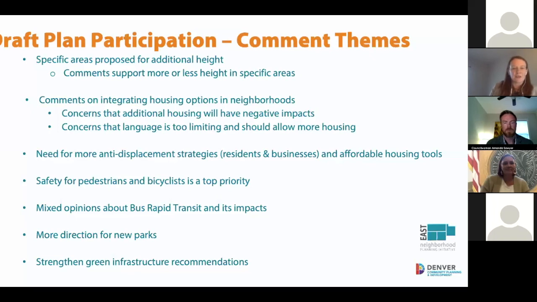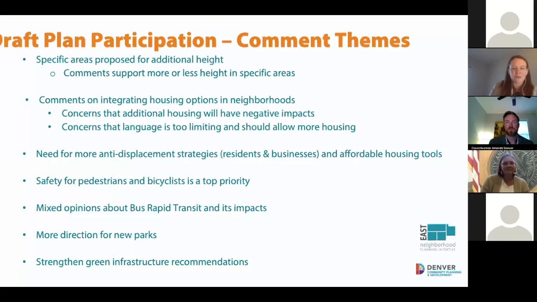There's a need that's even more pronounced now with the pandemic for anti-displacement strategies, both for residents and our businesses, and for affordable housing tools to make sure that people can stay. We continue to hear that safety is a top priority when we're talking about transportation, for pedestrians, for bicyclists, for all modes to feel safe and have those options in the neighborhoods.